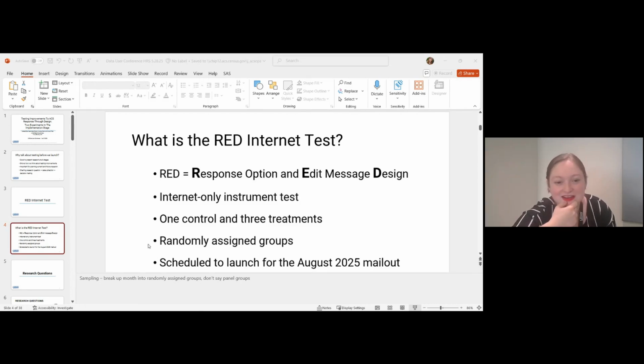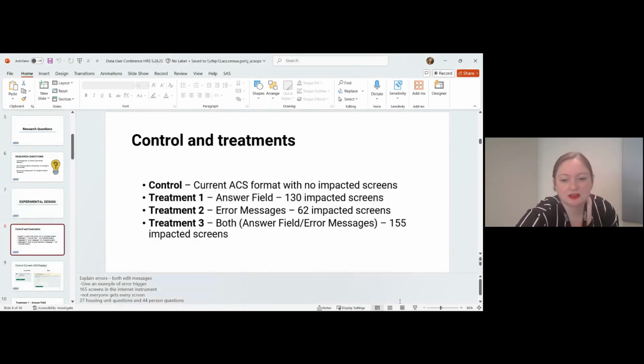So right now we just see it not full screen. We see a preview of your slides on the left and then your notes at the bottom. And we are on the red. Okay, now we're on the control and treatment slide. All right, I'll try to remember what's in my notes.